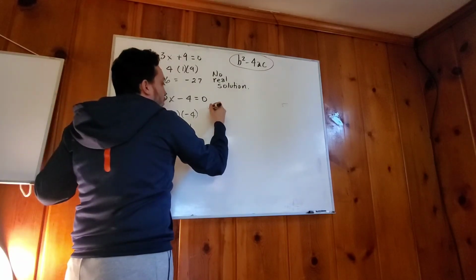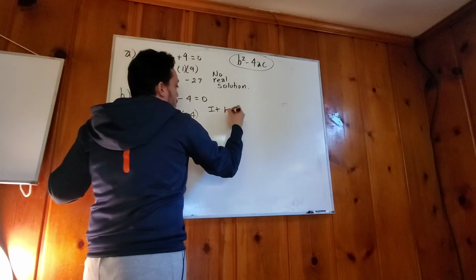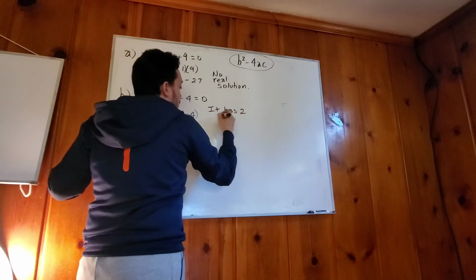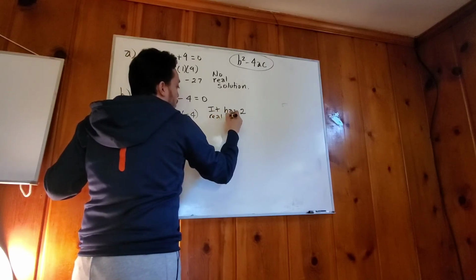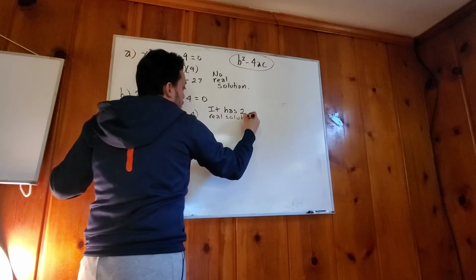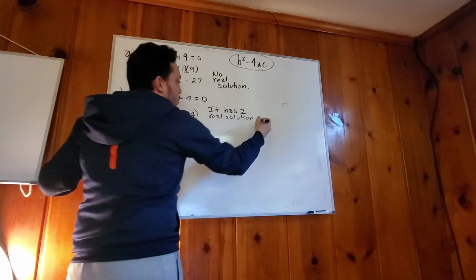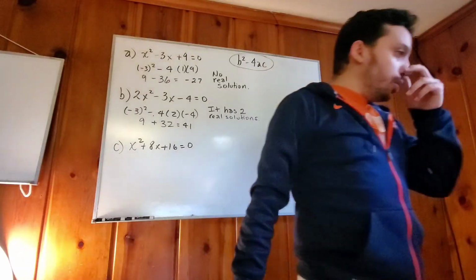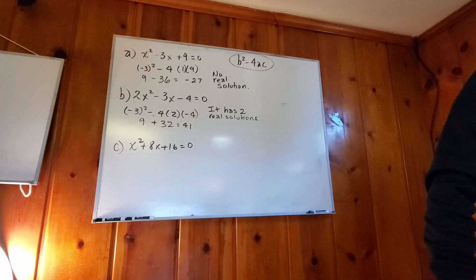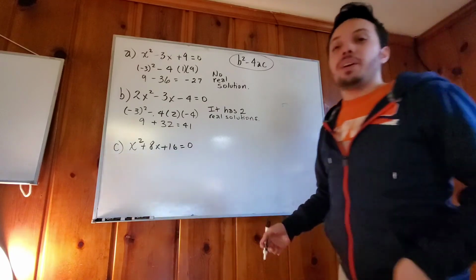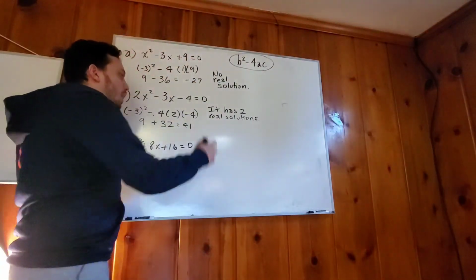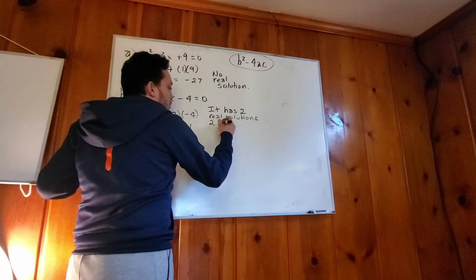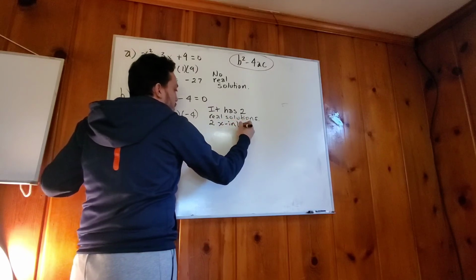It has 2 real solutions, meaning it has 2 x-intercepts. The book says: there are 2 real solutions, so the graph has 2 x-intercepts. Exactly what I said.